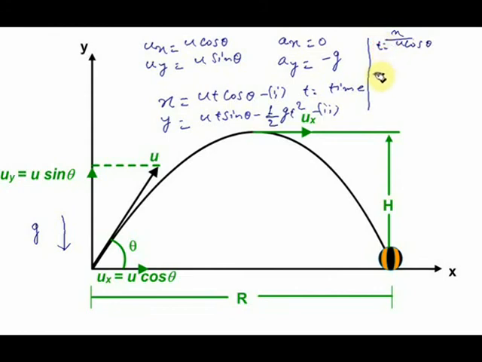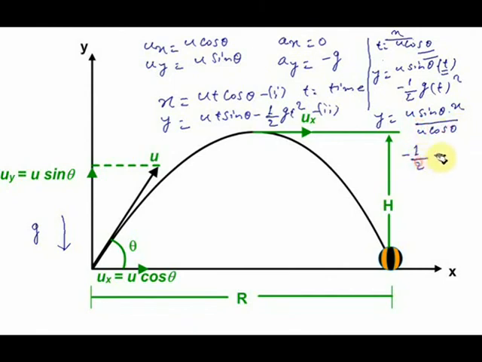So we can write y = u sin theta into t minus half g t square. Putting the value of t as x by u cos theta, y will be equal to u sin theta into x by u cos theta minus half g into (x by u cos theta) whole square.